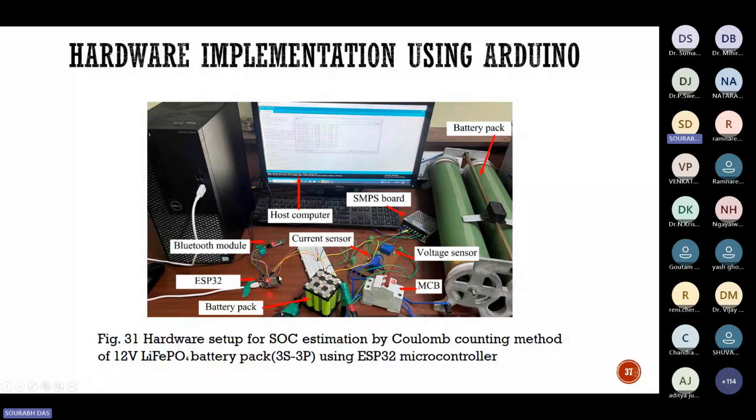The ESP32 is also used to power up this Bluetooth module HC-05, and this data will go to our Android phone.